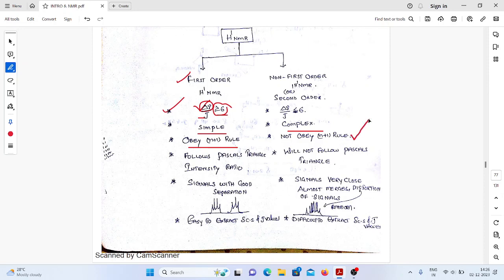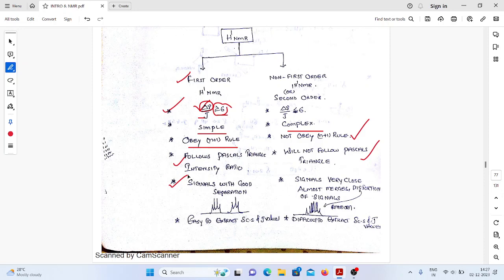The non-first order spectra will not obey the n plus 1 rule. In order to identify the different peaks, singlet, doublet, triplet, quartet, pentet, sextet, we generally follow Pascal's triangle. The first order spectra follows Pascal triangle intensity ratio. It will not follow Pascal's triangle in non-first order spectra.